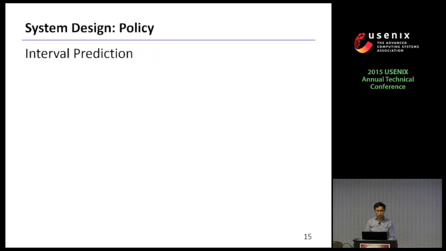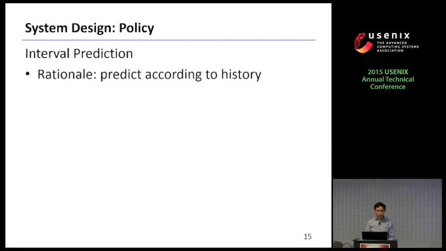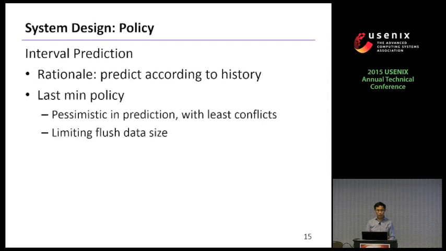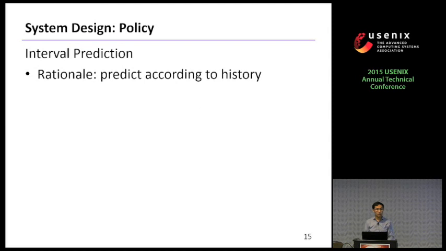So we have this policy based on interval prediction. Interval is the time between the current user operation and the next one. So we have to fit the transactions into the interval. And our basic rationale is to predict according to history.